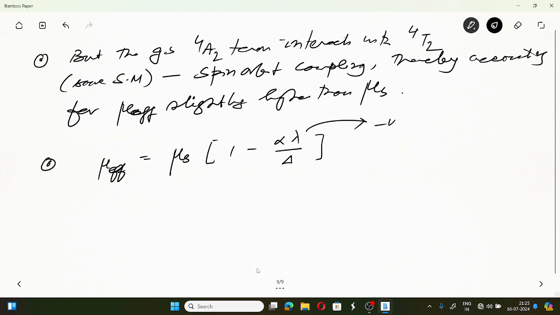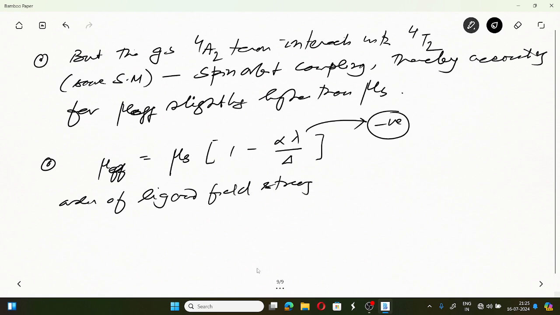Now this is negative, and order of delta, মানে ক্রিস্টাল ফিল্ড স্প্লিটিং, অর্ডার অফ ligand field strength, সেটা কি? সেটা হচ্ছে I minus টা সব থেকে কম, lesser than Br minus, lesser than SCN minus, lesser than Cl minus.